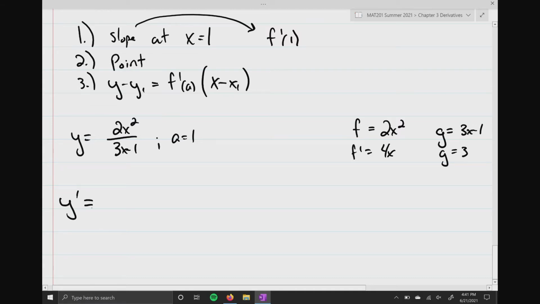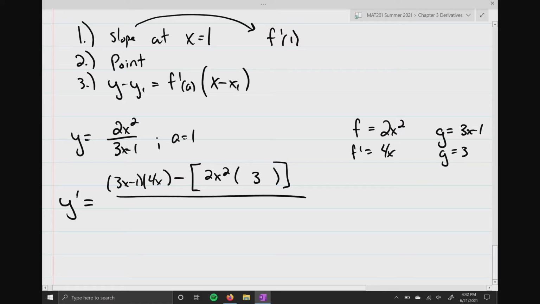Our derivative, y prime, is going to equal g times f prime minus, put that bracket, now that's going to be f times the derivative of g, which is 3, all over g to the second.